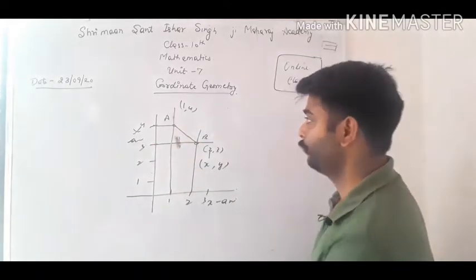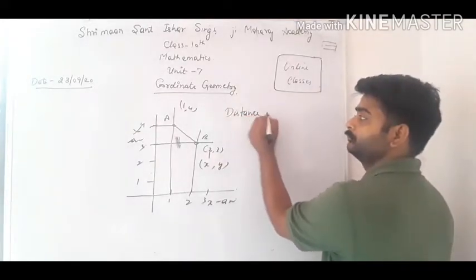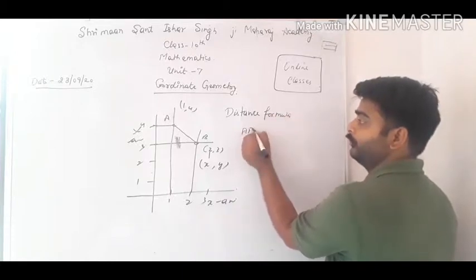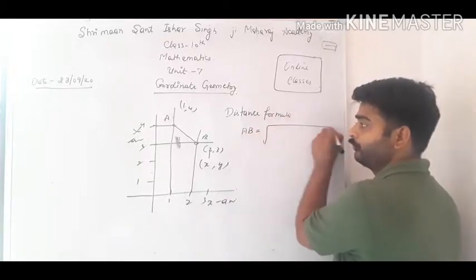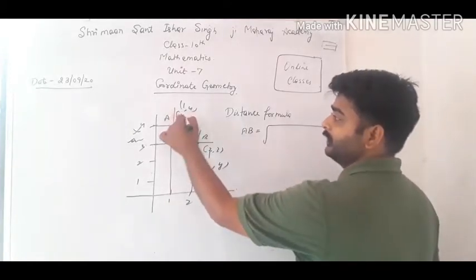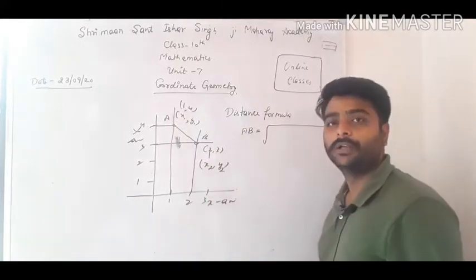Now look here, the distance formula: AB is equal to the root of, this one I will consider as x1, y1 and this as x2, y2.